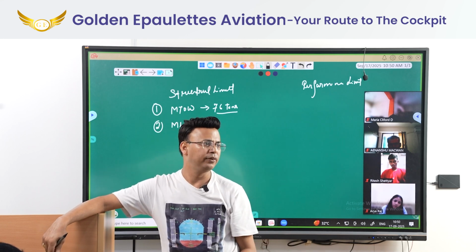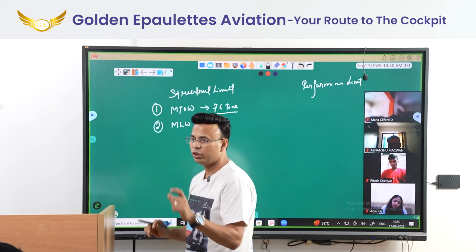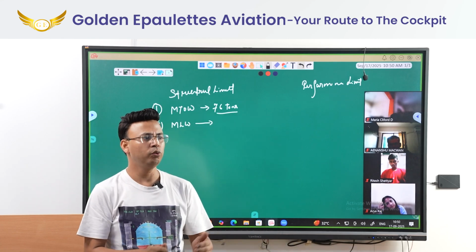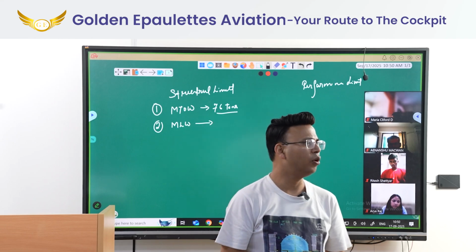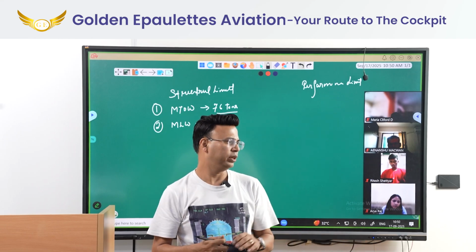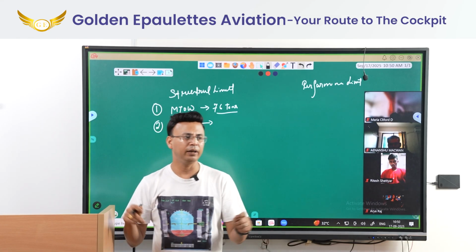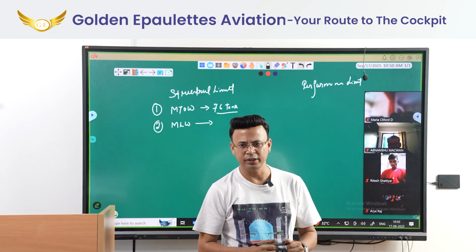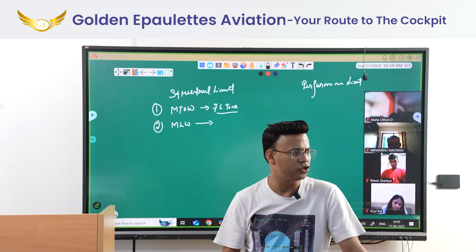In normal condition, the manufacturer is giving you a limit. This is the max authorized landing weight, which you are supposed to land either with less than this or equal to this, not more than this. Correct? So if I say my landing weight is 62 tons, will you take it as the actual landing weight or a structural limit?